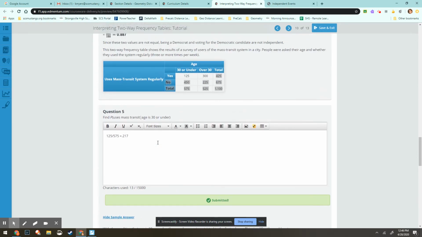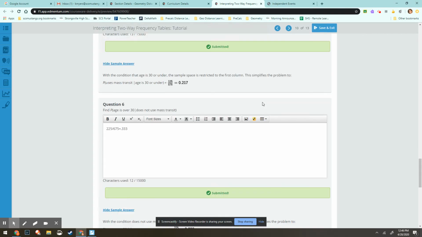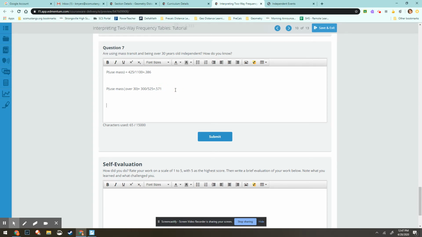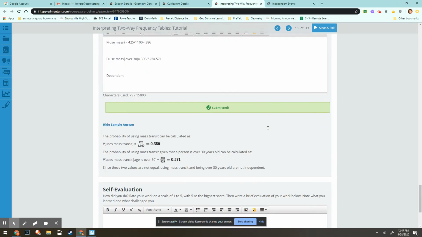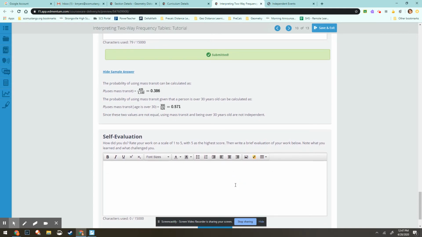I got those numbers from up here: the total number of people over 30 is 525, and of those, 300 use mass transit. Now, independent, yes or no? They are not independent because these two numbers are not the same. So these would be dependent. Not independent means the same thing as dependent.